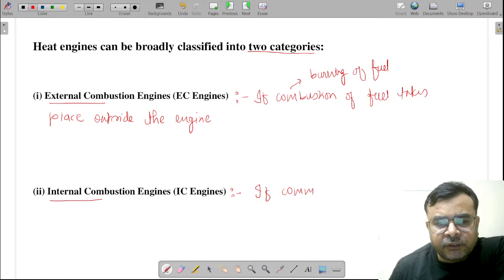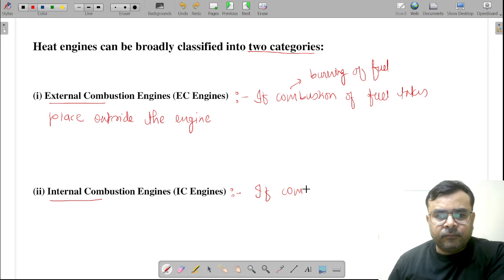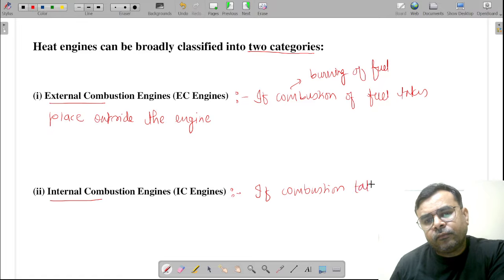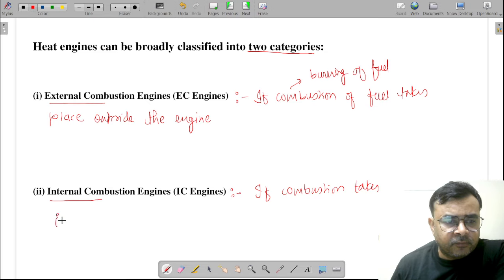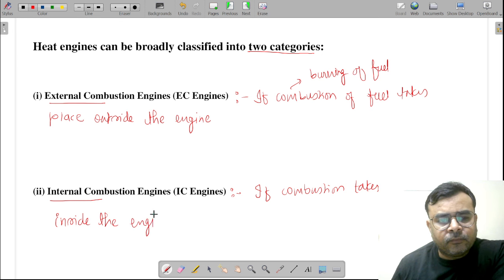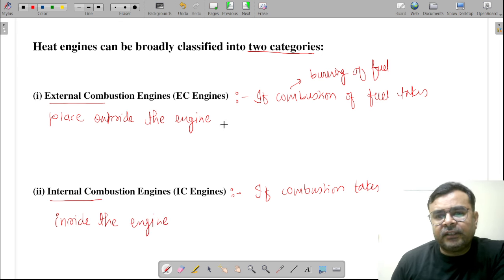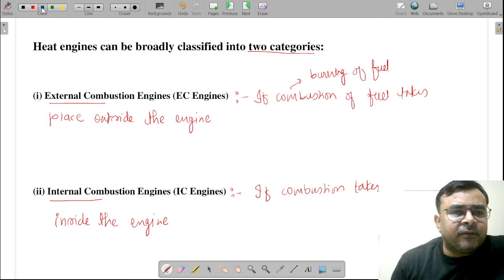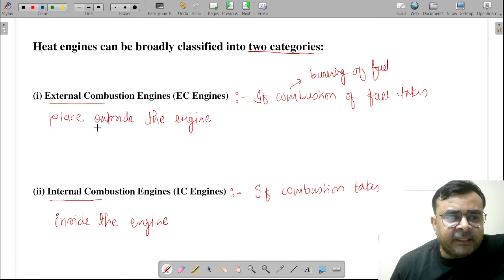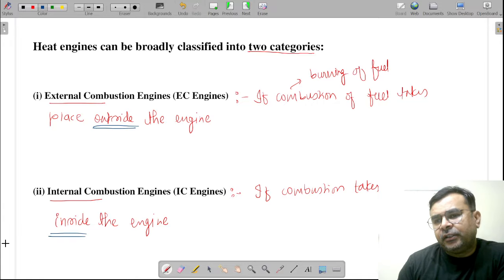And if combustion takes place inside the engine, then it is called as internal combustion engine. This is the basic difference between internal combustion engine and external combustion engine, is it right?